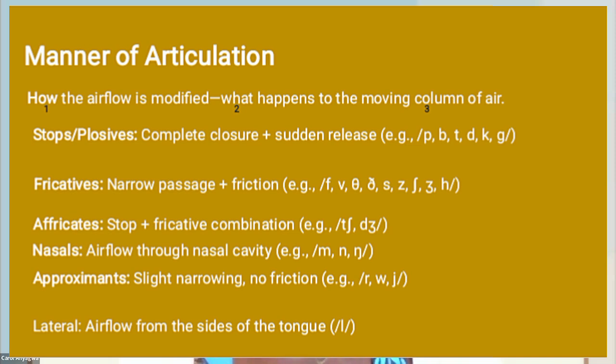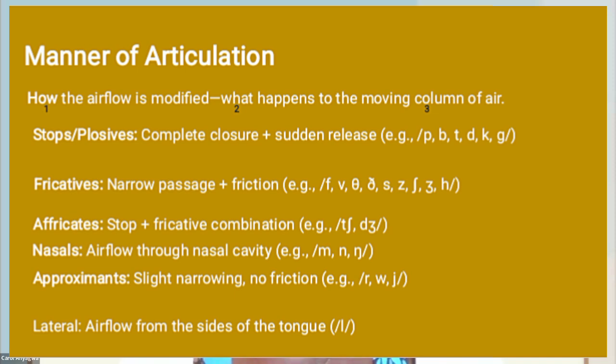If you pay attention to the sounds listed here, p, b, t, g, you'll find out that each of them has these three stages: the stage of complete closure, the stage of compression, and the stage of sudden release. These are the three phases that characterize the stops or plosives. For the fricatives, there's still a closure, but this time around it is partial.